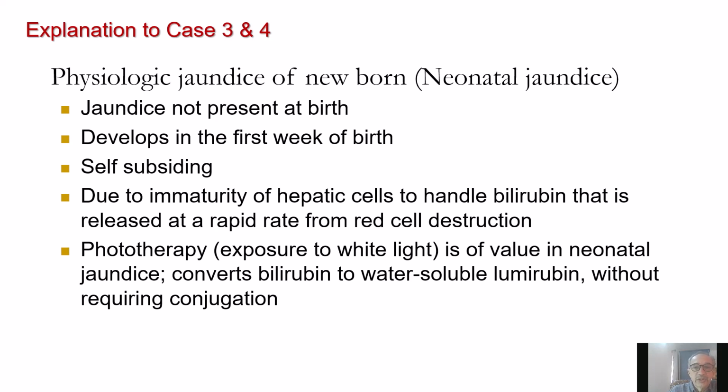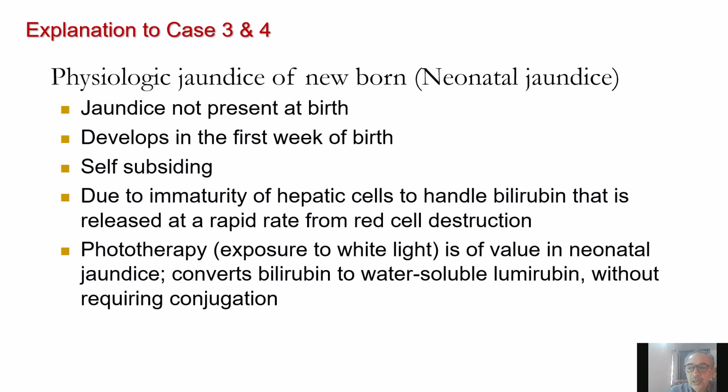Because of the in utero hypoxia, once the child is born, the child is exposed to normal ambient oxygen, so there is no need for increased RBC. So there is a rapid red cell destruction. Red cell destruction occurs, but the production is slightly reduced, so there is a net red cell destruction and liberation of bilirubin.